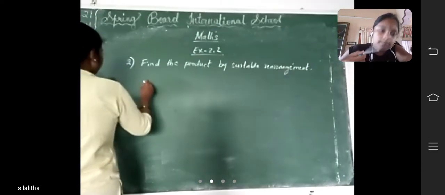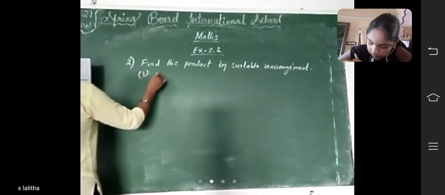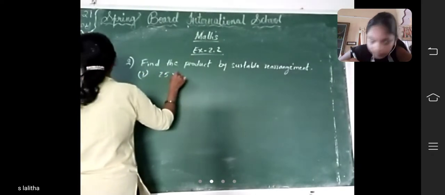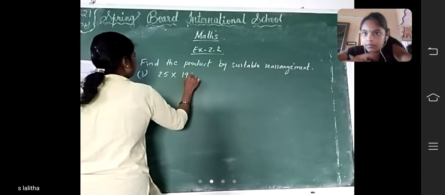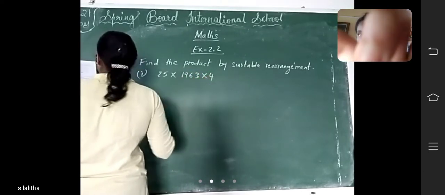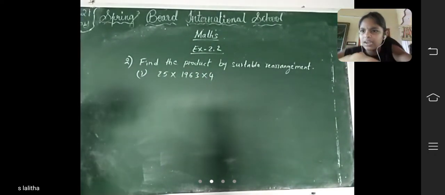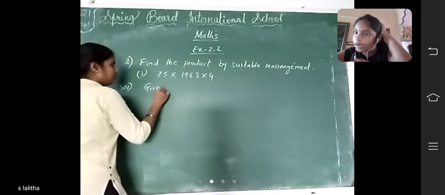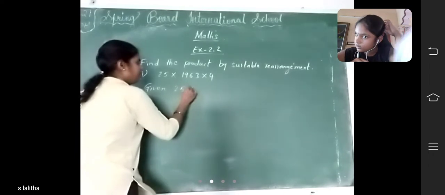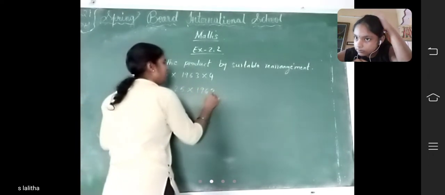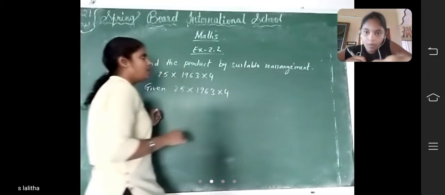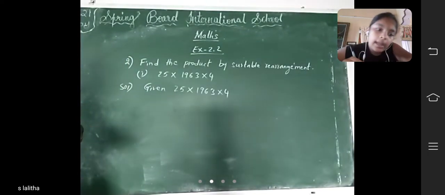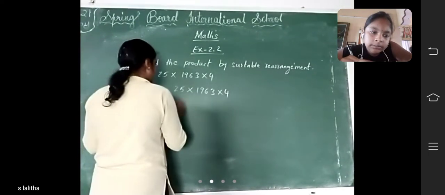First term: 25 into 1963 into 4. So given 25 into 1963 into 4. Now you have to rearrange the numbers, you will get the suitable answer.